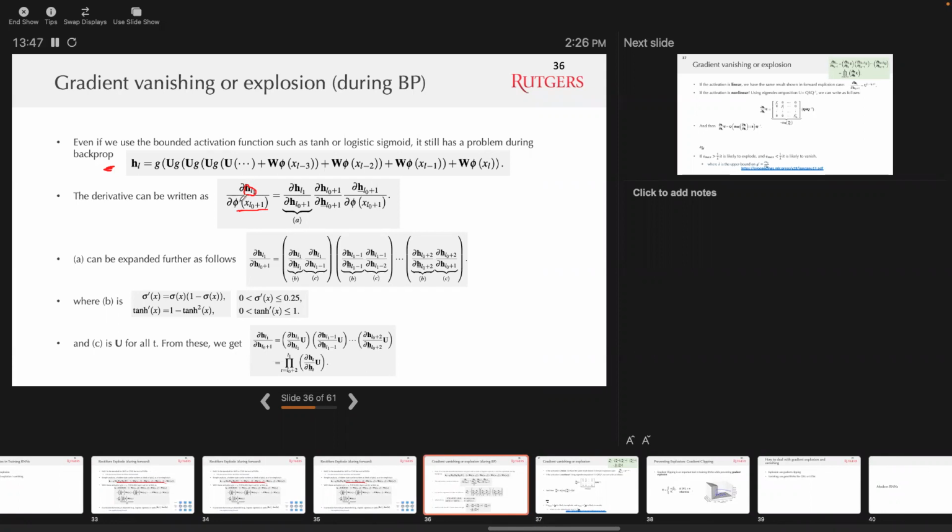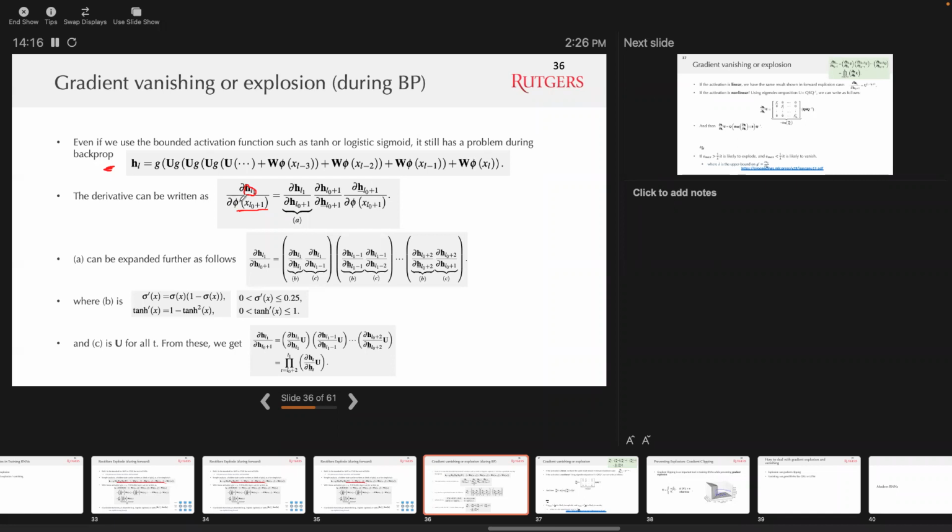So we have all the x here. For example, this is your x1, this is your x2, this is your x3, this is x4, right? And this is your h1, h2, h3, and h4.